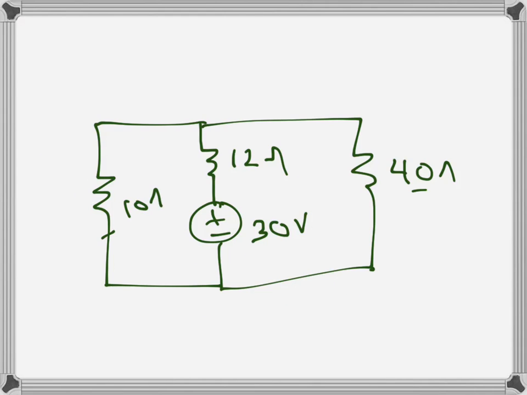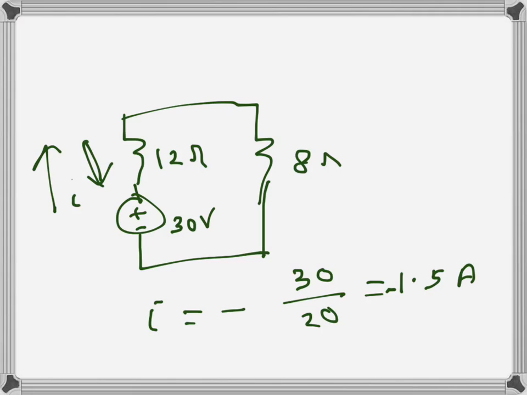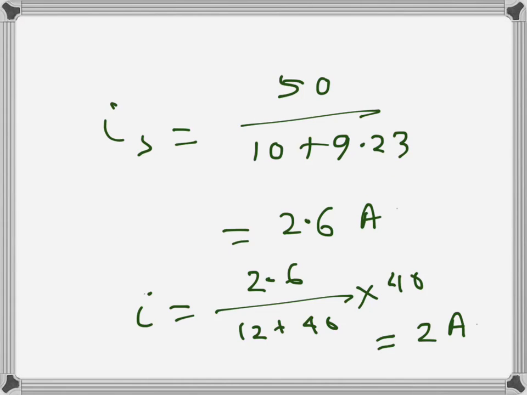So our total I will be, if we had called this one I30 and that one I50, probably that would be ideal, because we were only considering the 50 volt voltage source and the 30 volt voltage source one at a time.